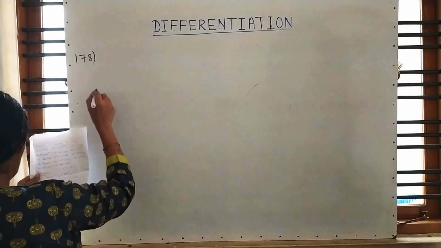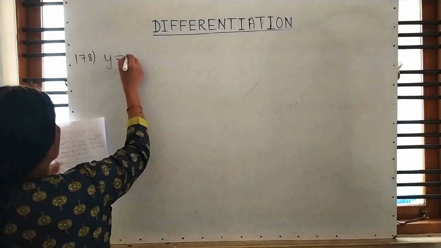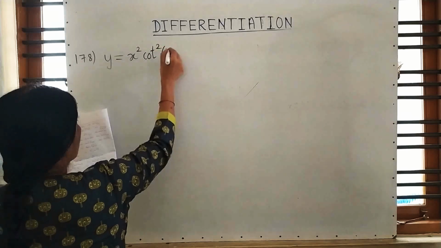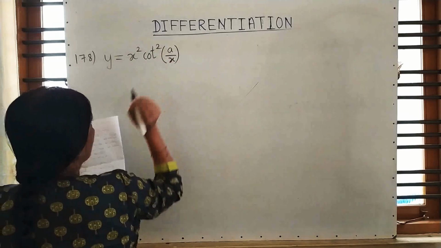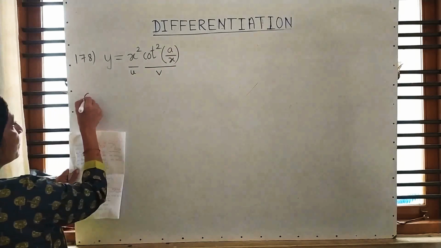y is equal to x square cos square a by x. See, this is u, this is v.